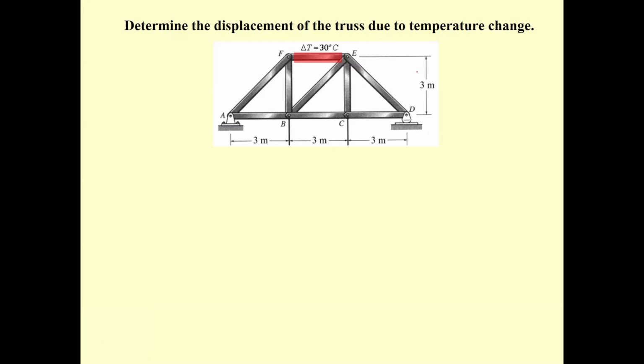For the change in temperature, the change in the length is going to be alpha L delta T. If the change is positive, you should get elongation. Alpha is what? The coefficient of expansion of the material. Delta T is over here. L is going to be the length.